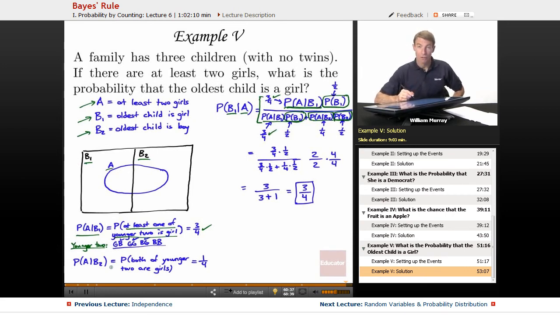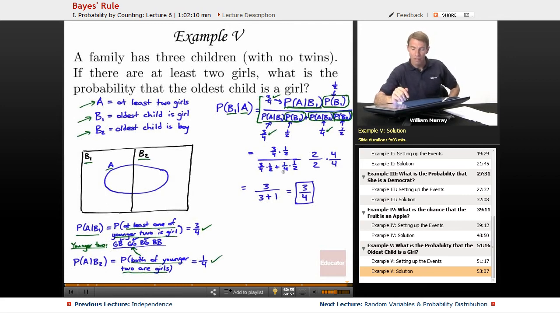So if you want 2 girls and the oldest child is a boy, then both of the younger 2 must be girls in order to get 2 girls. And there's only one way to get that. And so that's why we have a 1 out of 4 chance, and that's where that 1/4 comes from.